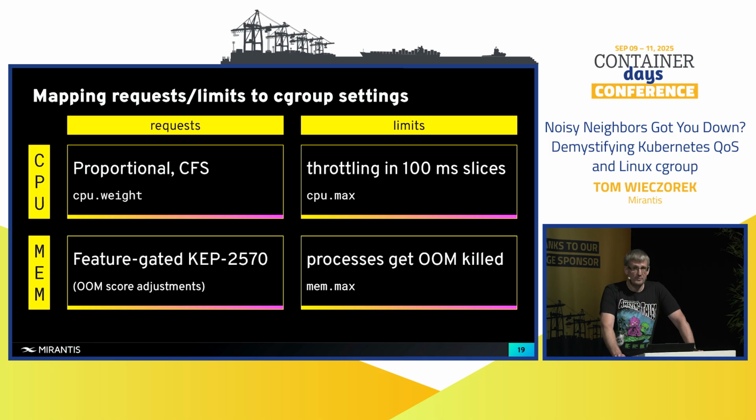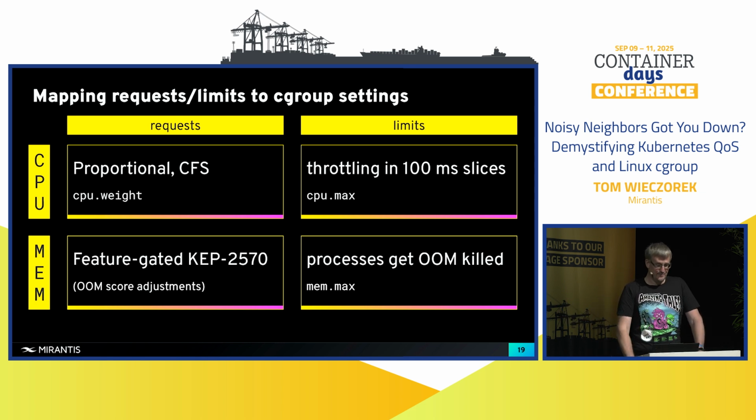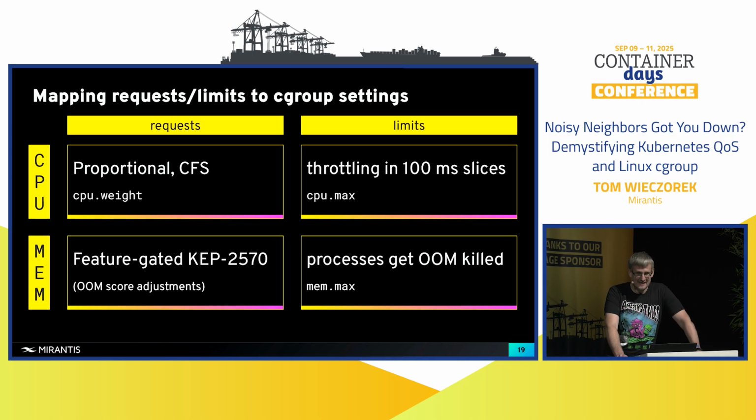That is already a problem, because you just cannot translate those absolute Kubernetes CPU requests into absolute CPU weights in the Linux kernel, because it doesn't work like this. So there's a real magic formula inside Kubernetes to do that, which we'll look at later in the next slide.